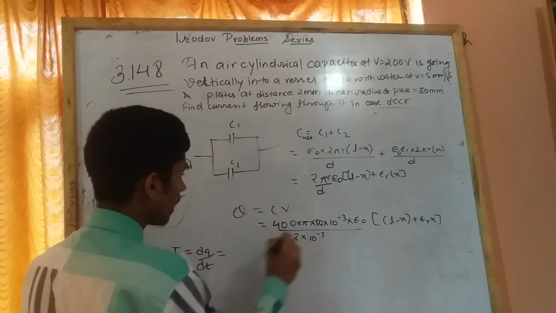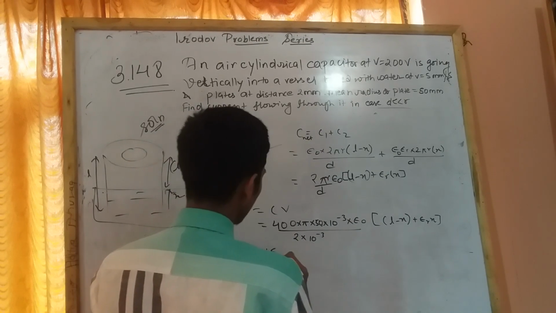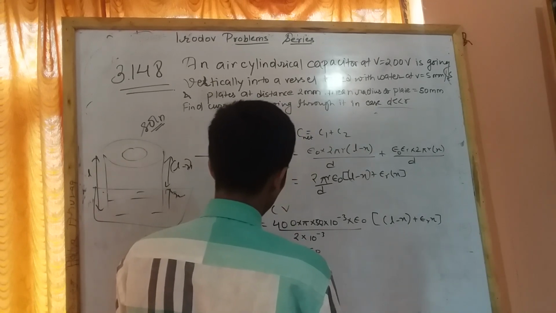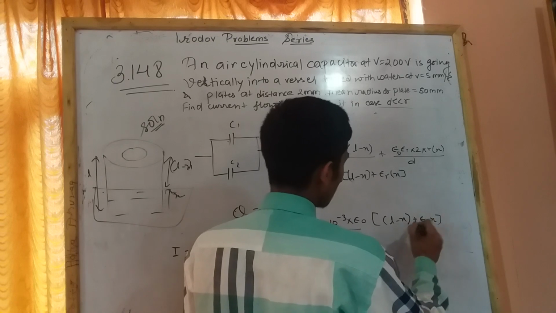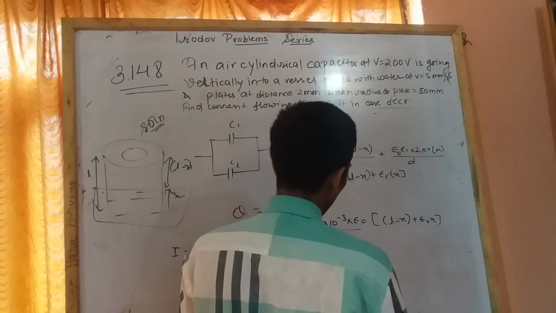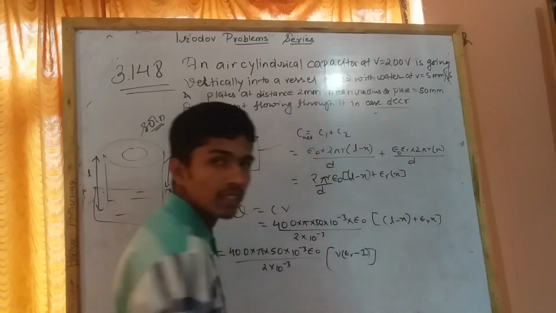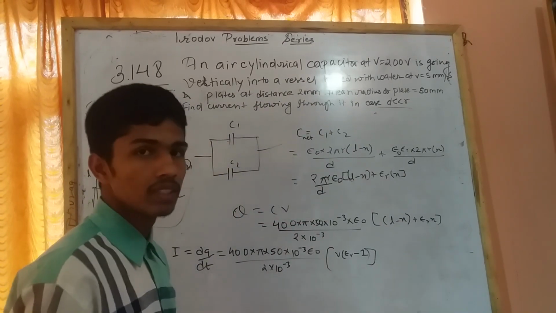Using that, I find the value to be 400 pi into 50 into 10 power minus 3 epsilon naught divided by 2 into 10 power minus 3. It's quite boring. Using this, it is v times epsilon r minus 1, because dx by dt will be velocity and dl by dt will be 0.